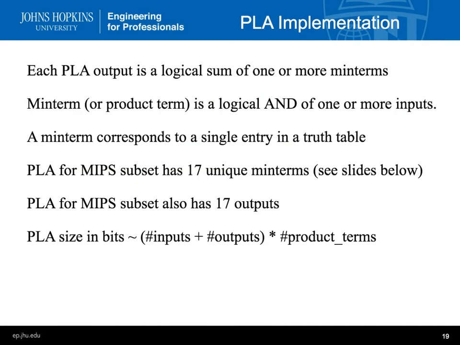So we learned about min terms. We learned about sum of min terms or products. So a min term is an AND of one or more inputs, and it's going to correspond to a single entry. And so a possibility would be if we're in state 0, then the 4 bits of the state would be 0 and 0 and 0 and 0 and so on.